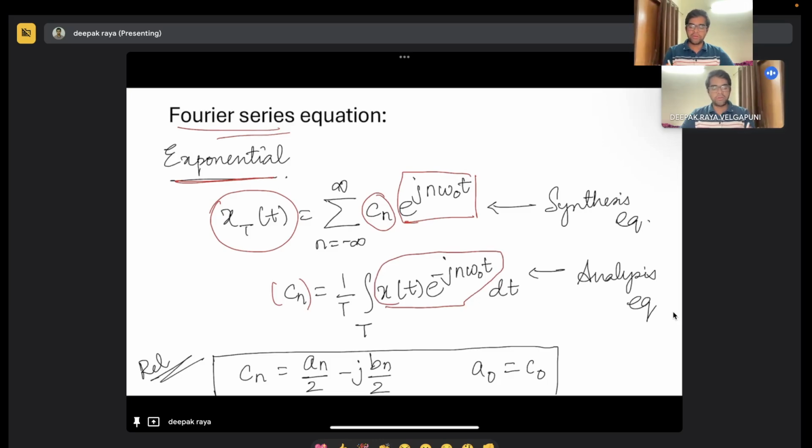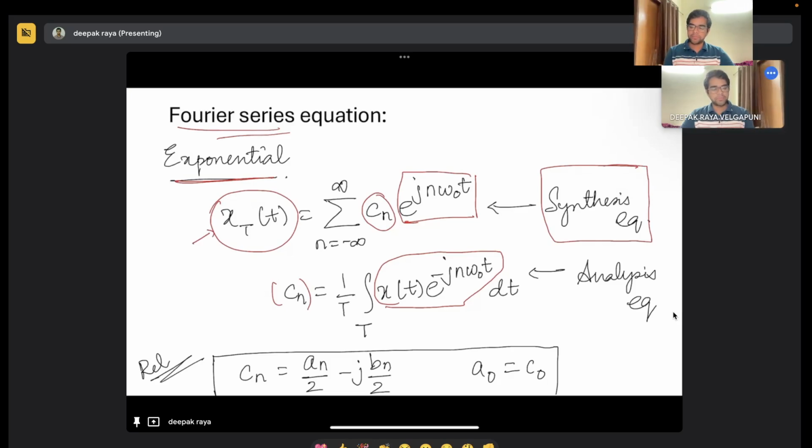We are not going into the derivation of these coefficients, but it is easy to derive. I will send notes so that you can see how the proof comes, but for now just remember the coefficient is represented by this equation. This is in general called the synthesis equation, the first line here, because we are trying to synthesize the periodic signal x of t by summing all the complex exponentials.